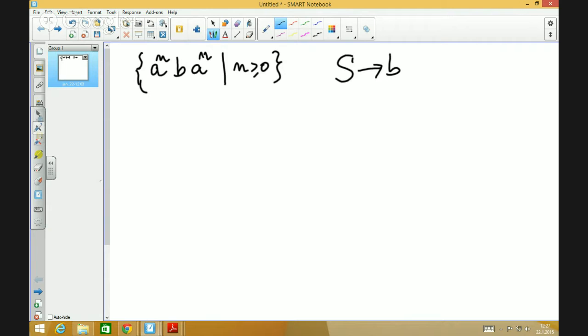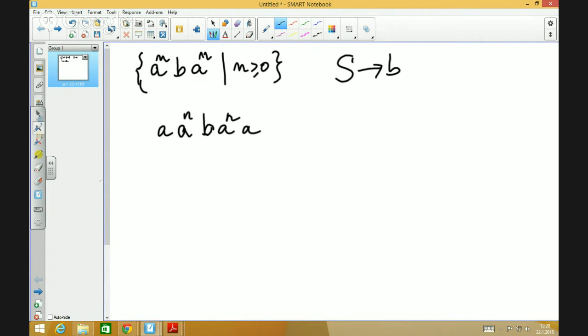Because if somebody gives you a string in this language, then this string will have the form some number of A's, a B in the middle, and then some number of A's, which is of the same length as the one you had before. If you stick an A at the front and an A at the back, then you still have a string in the language that starts with n plus 1 A's, a B, and then n plus 1 A's. That's okay.